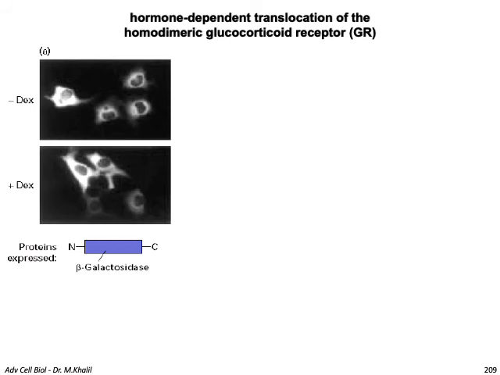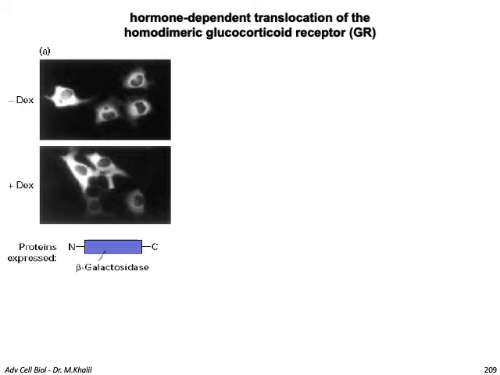Here is a simple experiment to prove that there is a hormone-dependent translocation of the homodimeric glucocorticoid receptor. That means the glucocorticoid receptor only translocates into the nucleus once it's bound to the ligand. This experiment will also prove that it needs the hormone for the translocation.